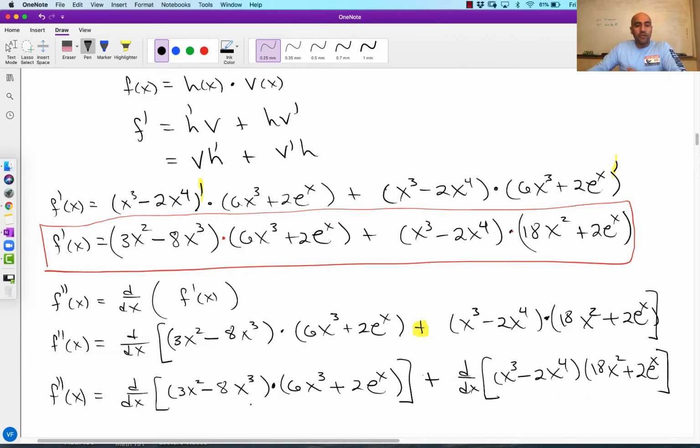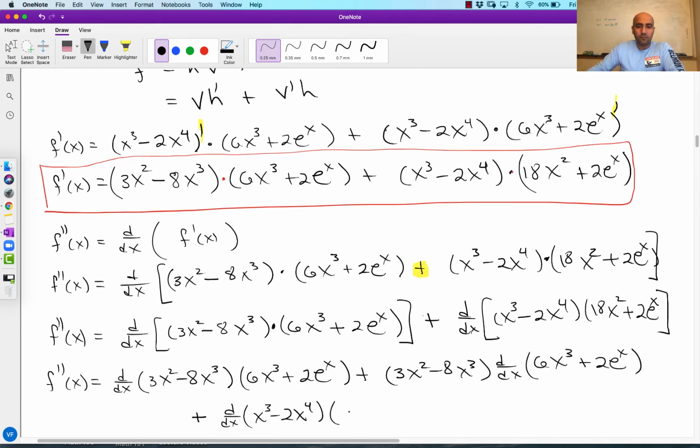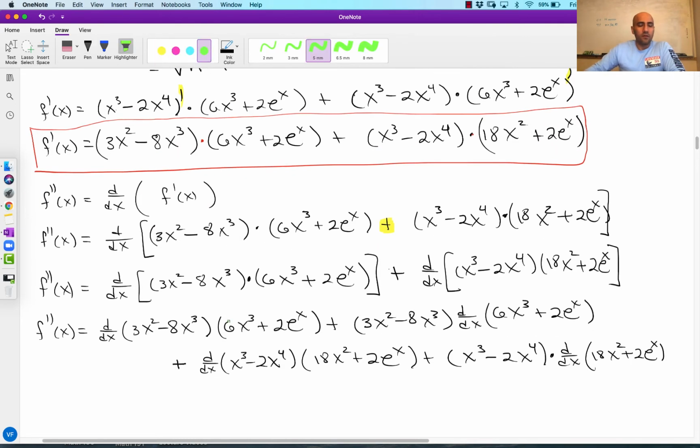And now we need to use our product rule here. Again, we could FOIL it all out and find the derivative that way. That's always an option. Well, it's an option in this case, but we don't want to do that. Let's do our product rule. Okay, so it's really long, so let's make sure I did this the right way. I have a product rule here.